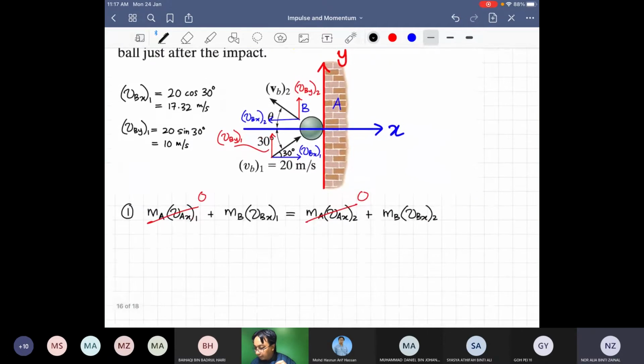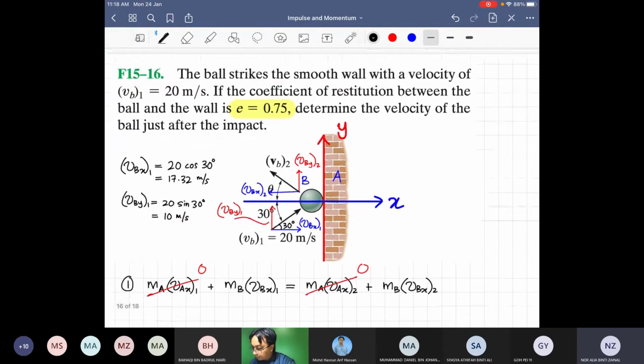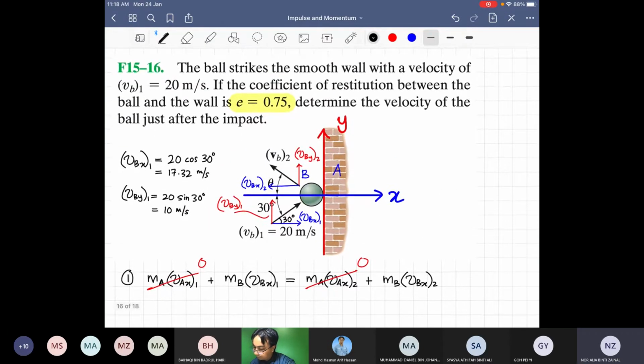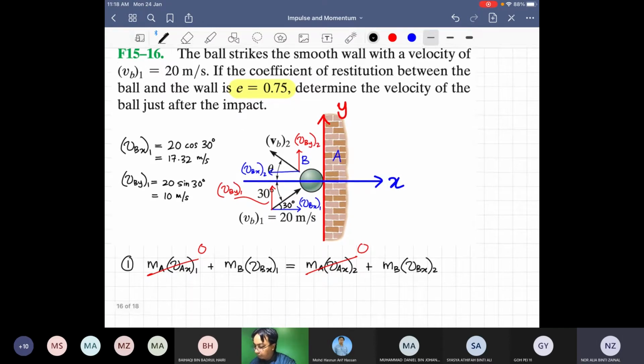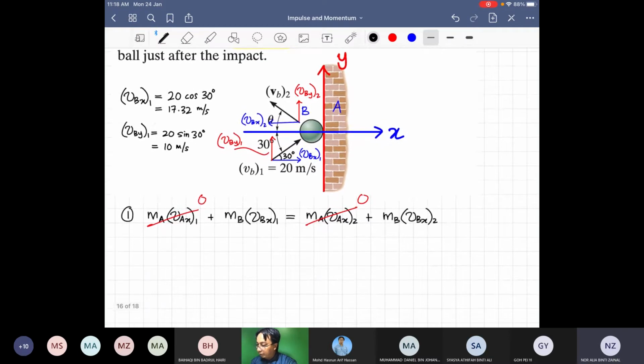Okay, so bila kita dah ada all this, kita boleh masukkan dalam ni. MB tadi berapa? What is the mass of the ball? Okay, the mass of the ball is not given. Tapi tak apa sebab kita left hand side ada MB, right hand side pun ada MB. So sebenarnya ini kita boleh potong je.